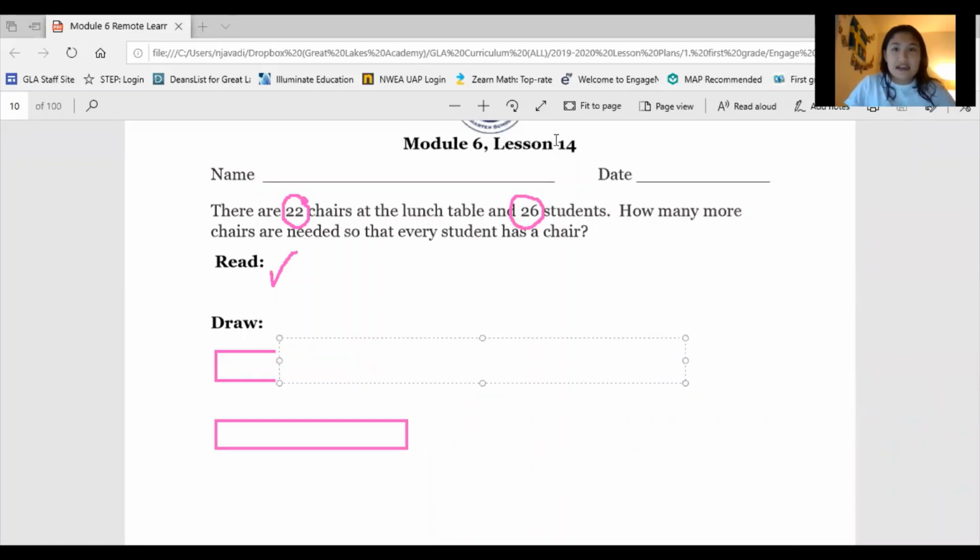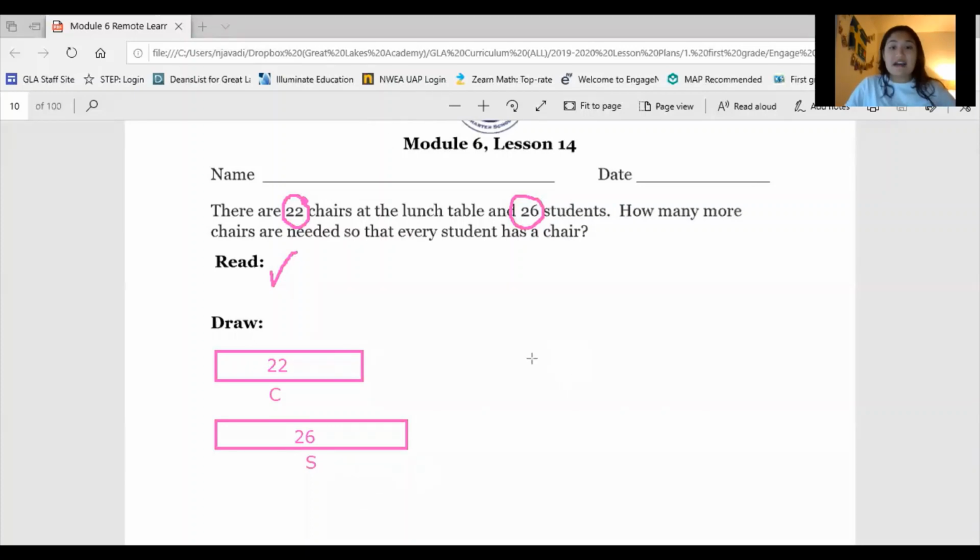This one would get a 22 inside of it because that's how many seats are at the table. And then I look back at my problem, there are 26 students. I'm going to write C for chairs on that one and S for students on this one. Now you can solve using a number sentence using this tape diagram.